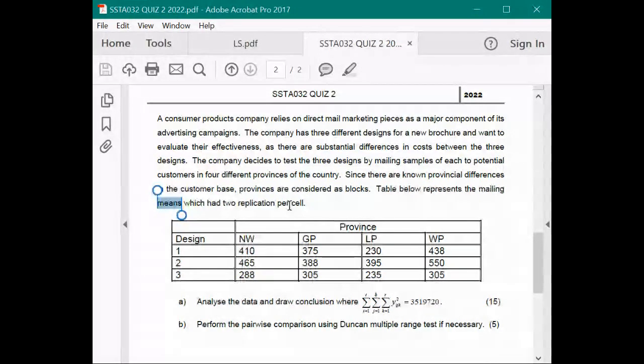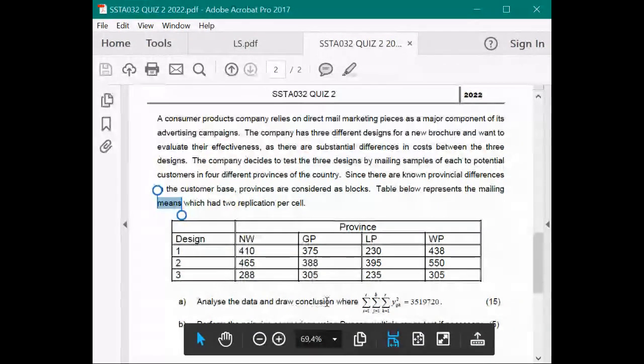So the question that was being asked is to analyze the data and draw conclusion. If you only focus on this part, you will assume this is a CRD problem. But when you check this given information, you have three summations, isn't it?